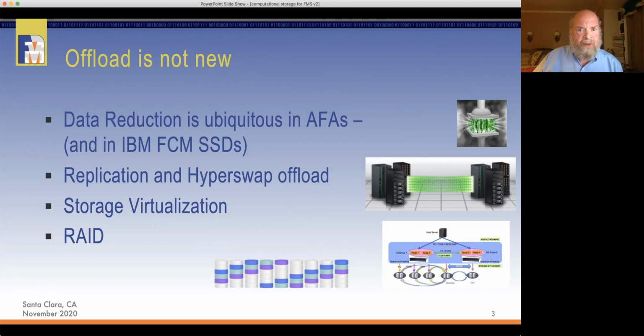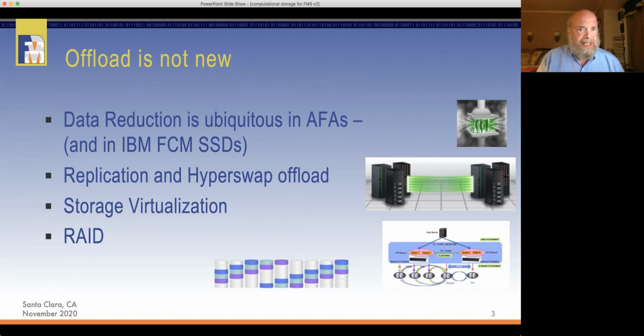So the data reduction there, reducing how much data is actually stored, is an important offload that could be done and sometimes is done by applications. But here, instead of taking precious CPU resources to do it on a server, you offload it to the array. Other offloads today include replication and hyperswap.